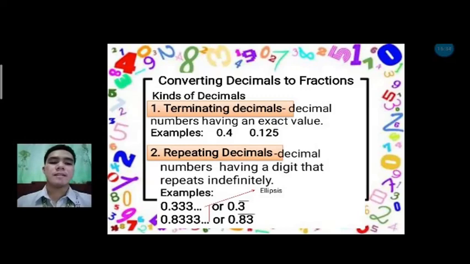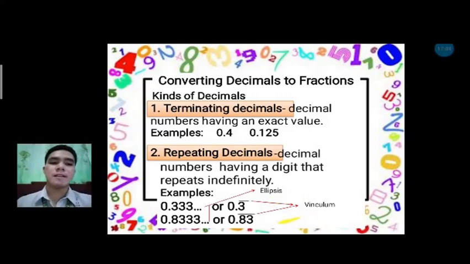Then the bar at the top is called, as I said earlier, vinculum. It means that the digit below it is being repeated, or that is the repeating digit. So here in 0.333, the repeated digit is 3.